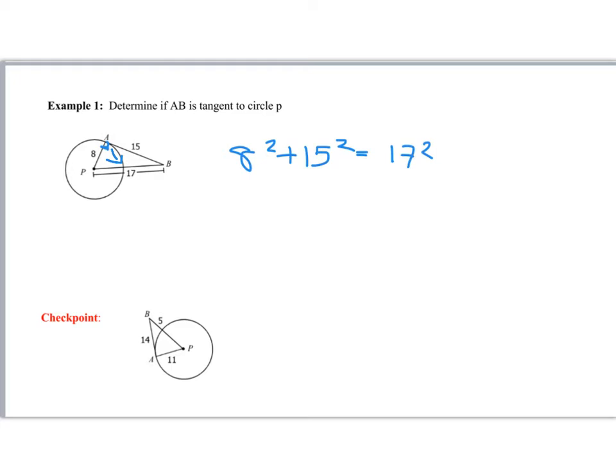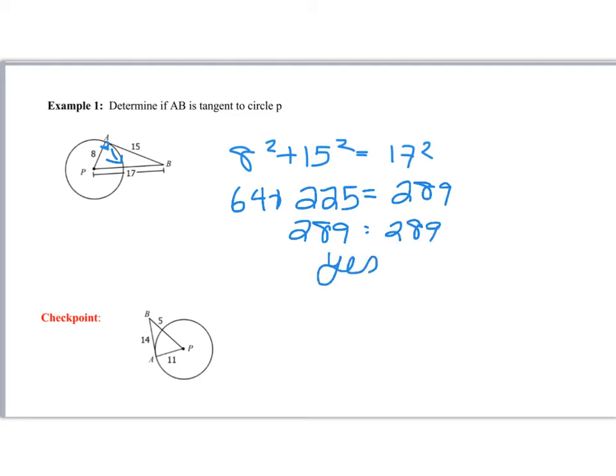So 8 squared is 64 plus 225 equals 289, and 289 equals 289. So if that works, that means yes, they are tangent.